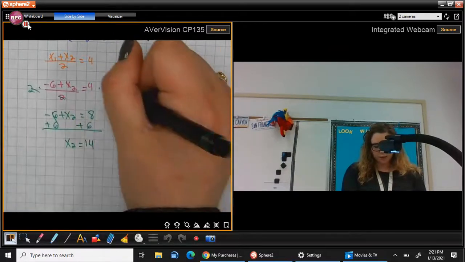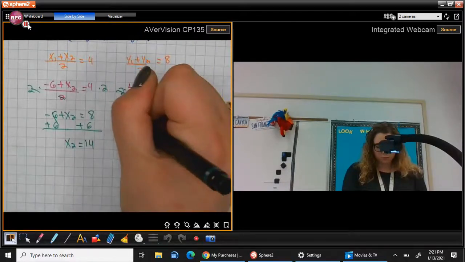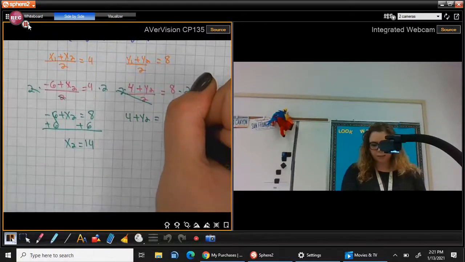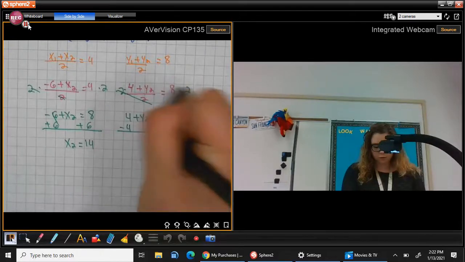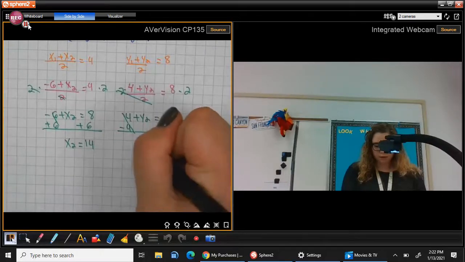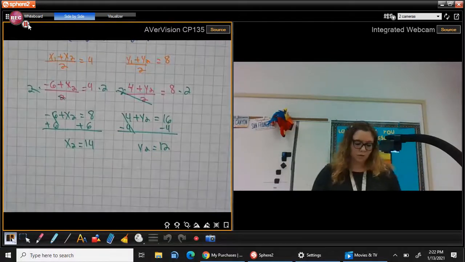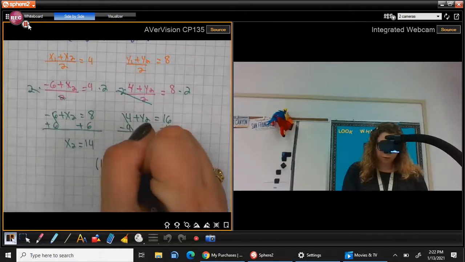Same thing on this side, multiply both sides by 2. 8 times 2 is 16. y2 equals 16 minus 4, which is 12. So my other endpoint is going to be 14, 12.